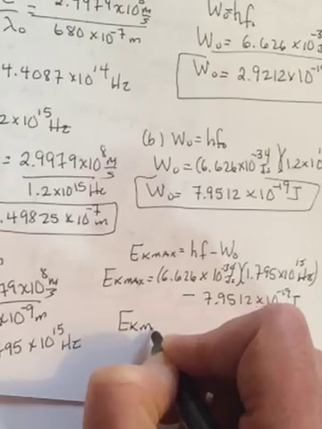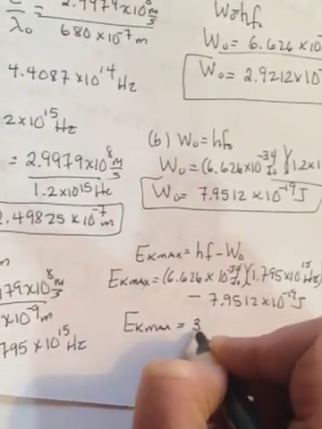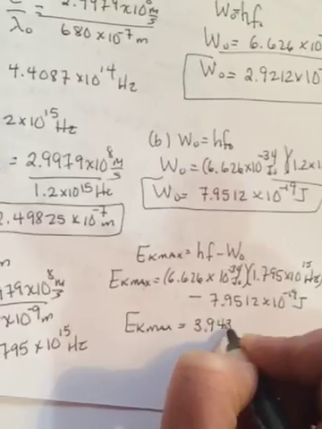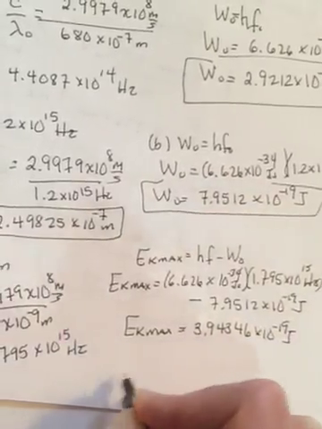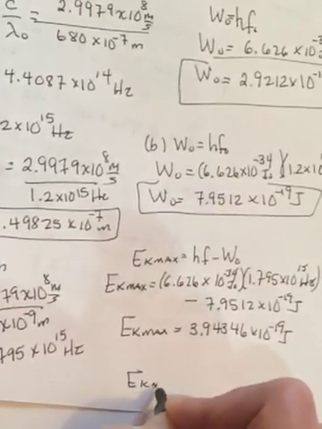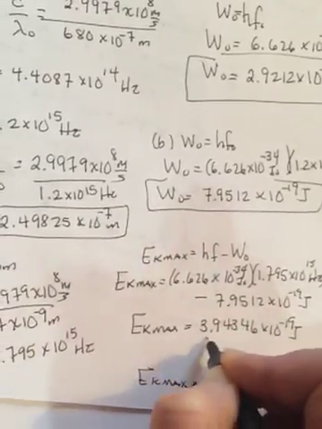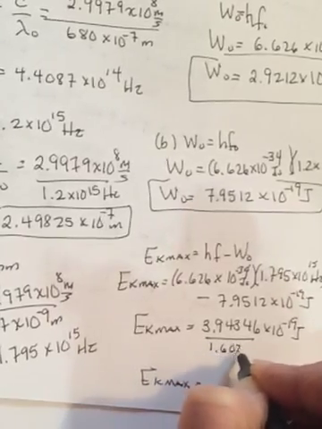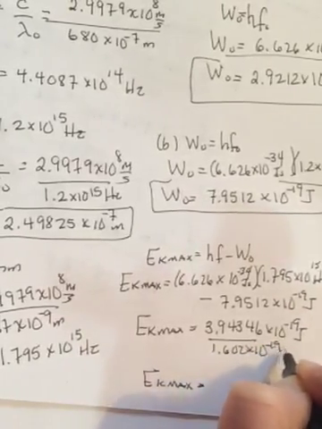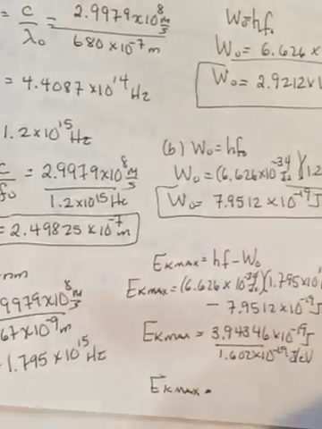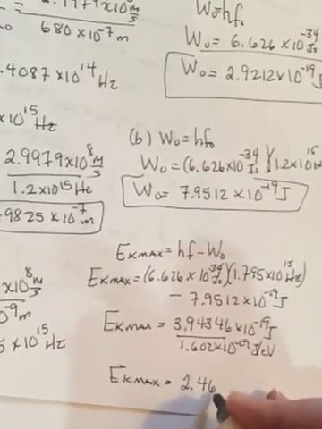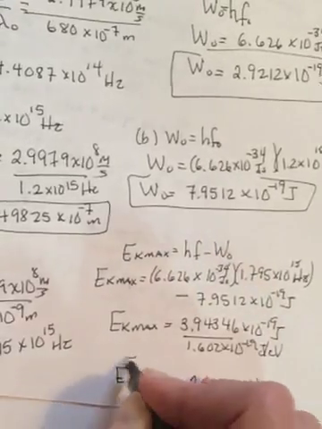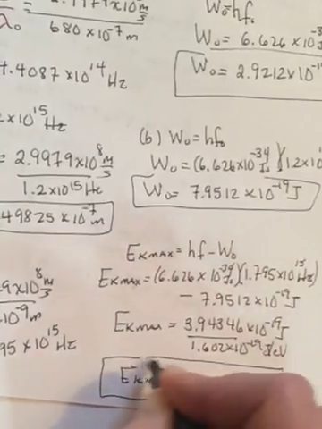So we get an EK max of 3.94346 times 10 to the negative 19 joules, but they wanted it in electron volts. So joules to electron volts, you have to divide by the 1.602 times 10 to the negative 19 joules per electron volt, and you end up getting 2.462 electron volts for the EK max, part C. All right, that's number 9.